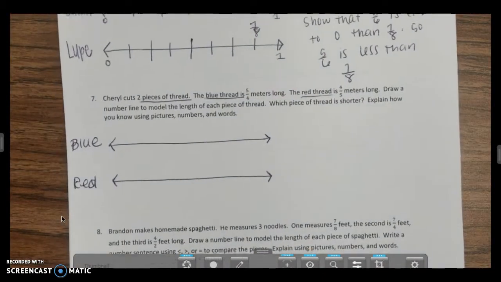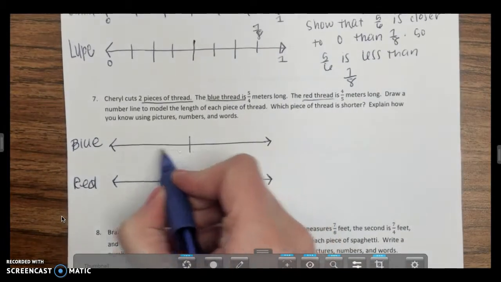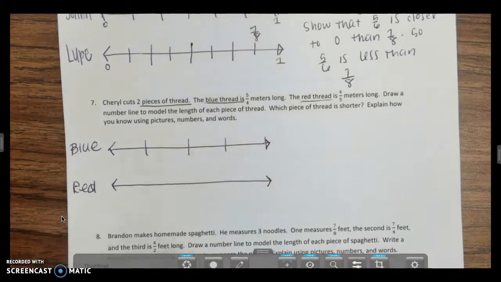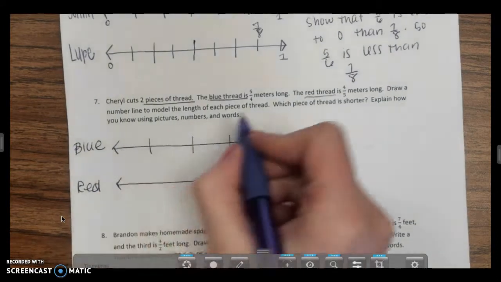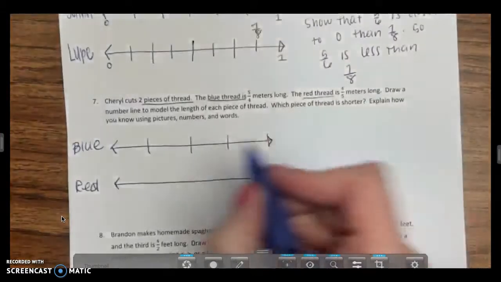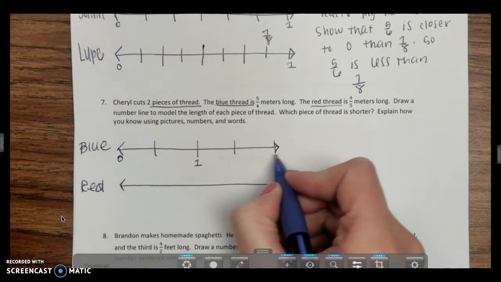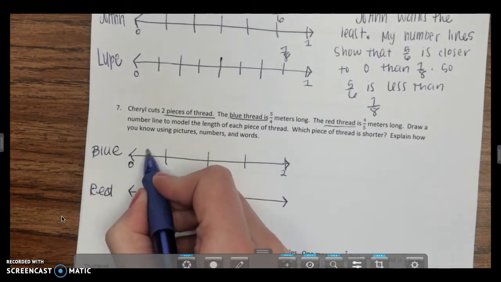Okay, so on my blue one, I'm going to split it into fourths. But notice it's going to be more than 1. So I'm actually going to make this 0. I'm going to make this one 1 and make this 2. So now I have to add.